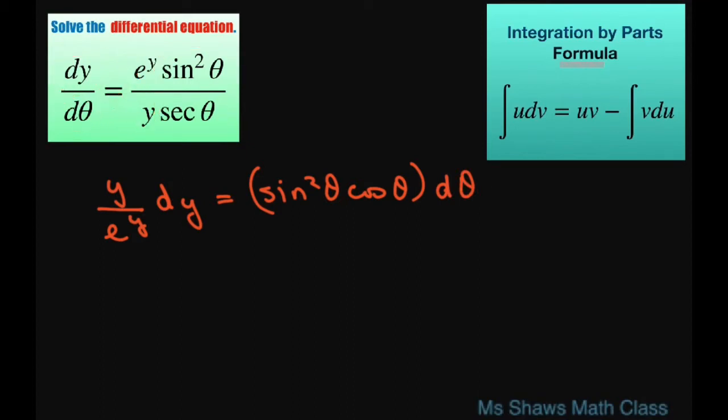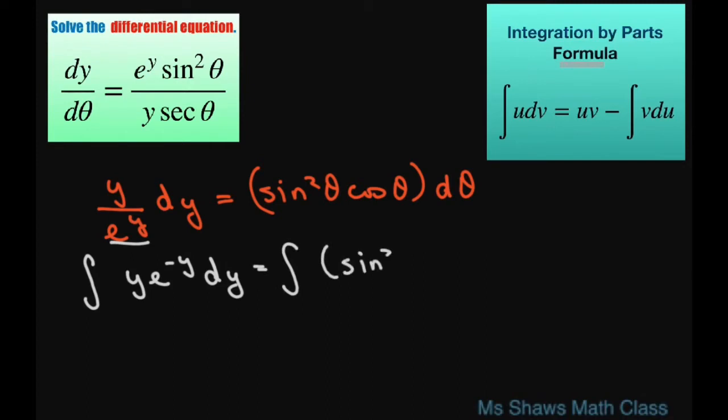Now we can integrate both sides of the equation to find our solution. So we're going to integrate y. I'm going to rewrite this as e to the power of negative y dy equals the integral of sine squared of theta cosine of theta d theta.